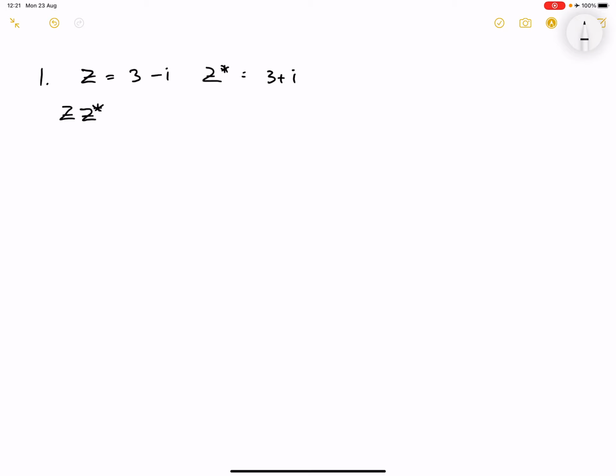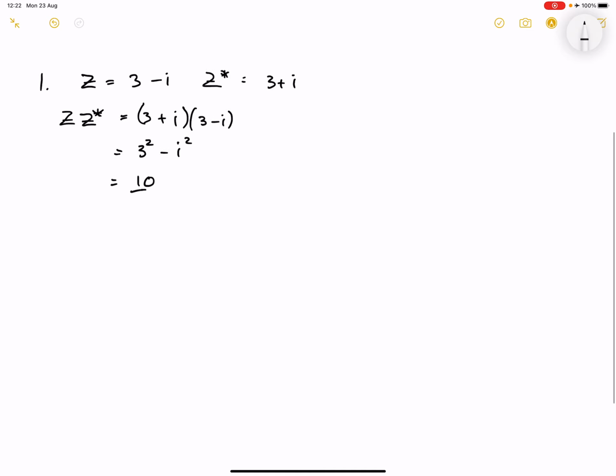So Z Z star will be equal to 3 plus i times 3 minus i, which will be equal to 3 squared minus i squared. Minus i squared is just plus 1, so 9 plus 1, which is 10, which is the first solution. So I'm just going to underline that. And we're going to move on to question 2.